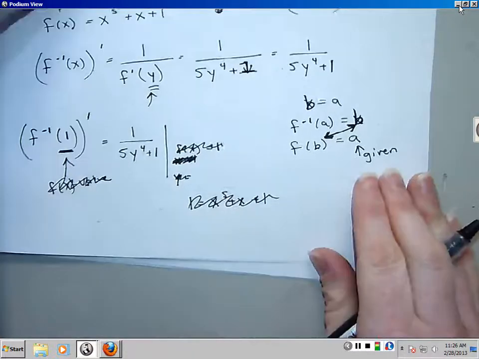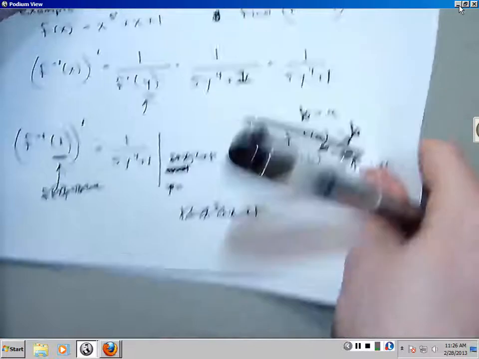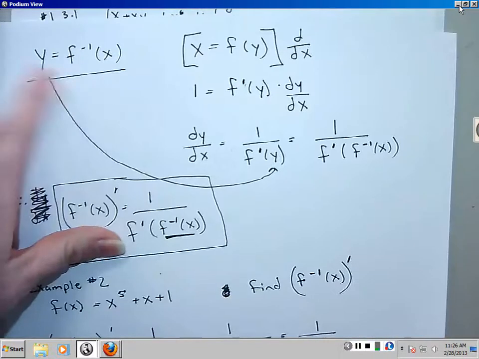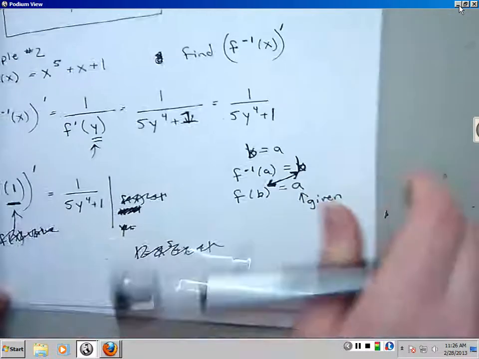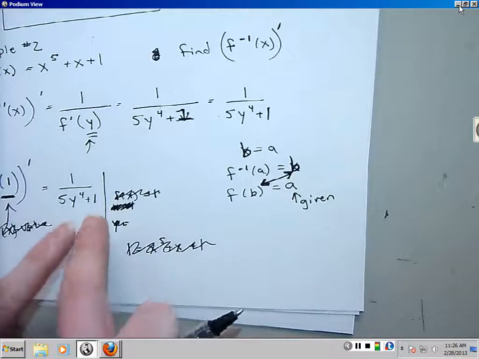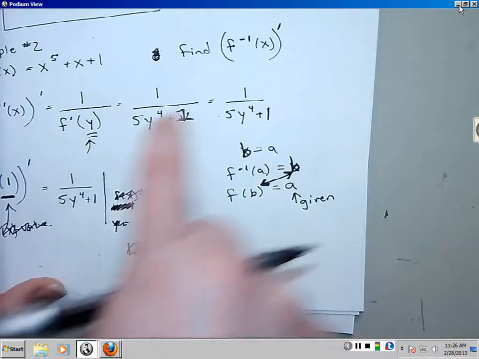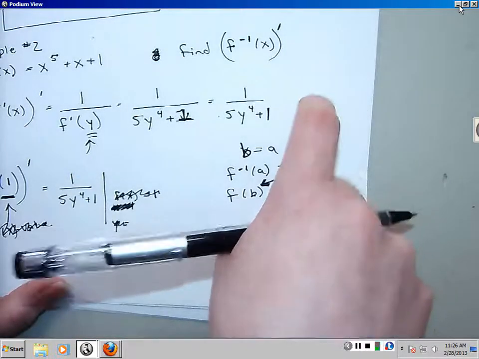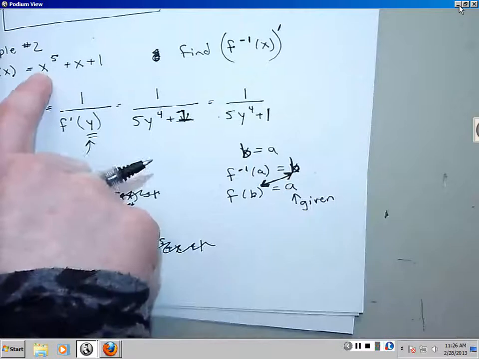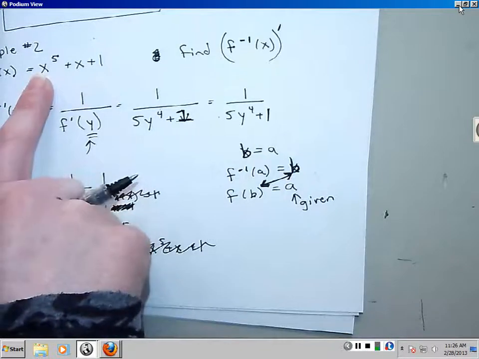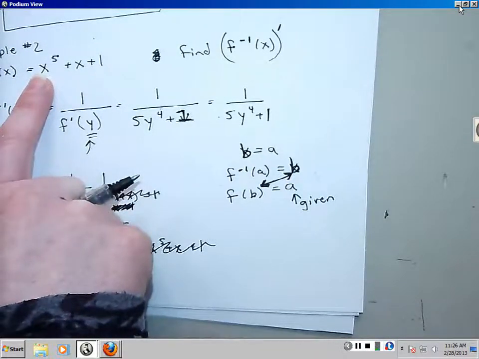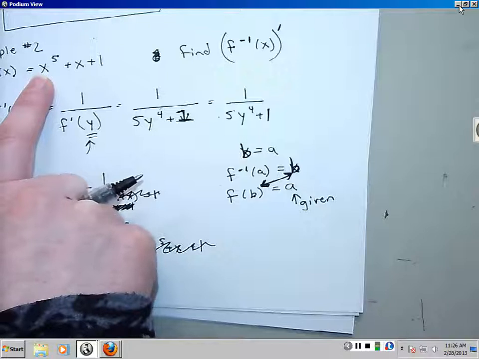But we called the inverse function y. So when you're given a problem like this, you set the x value, which is actually the y value, equal to your function and solve for the input value of your function.